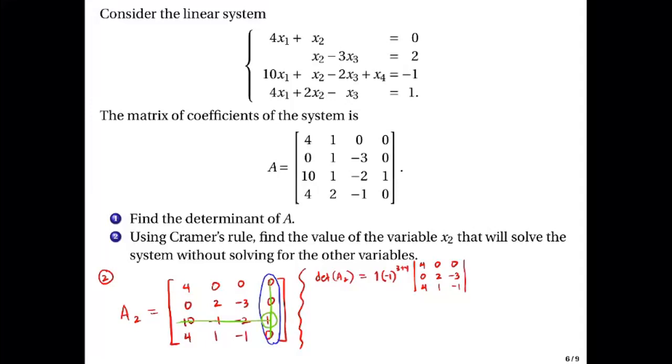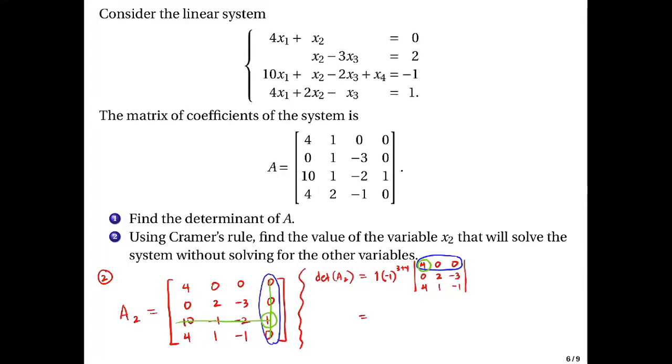The reason is this is just 4, and then we have 0 and 0. So we just have this entry.